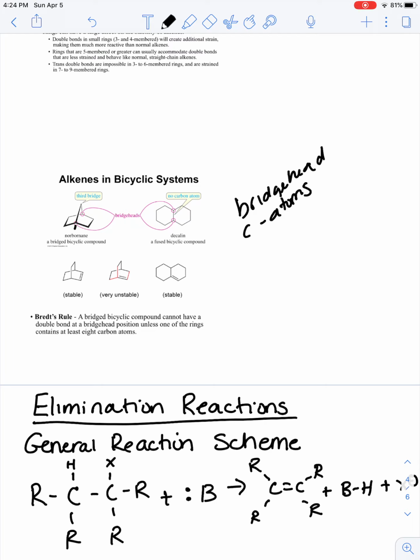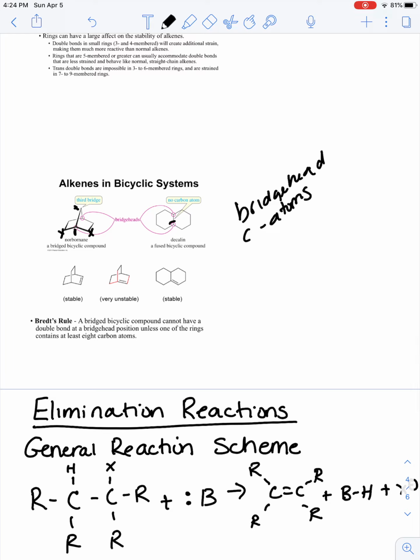So if we look at this carbon right here, this is a bridgehead carbon, so it's connected to 1, 2, 3 different carbons. If we look at this carbon right here, this is also a bridgehead carbon because it is attached to 1, 2, 3 different carbons, or 3 different links connecting them.